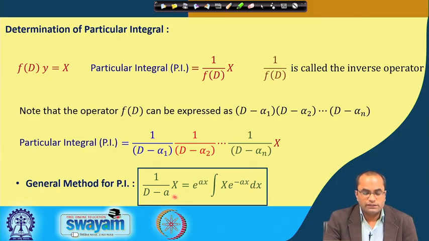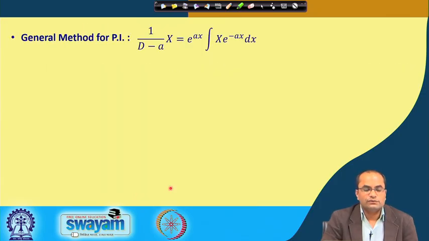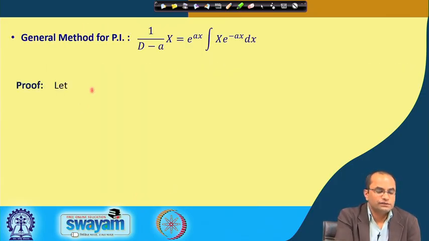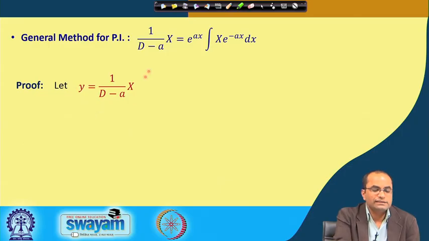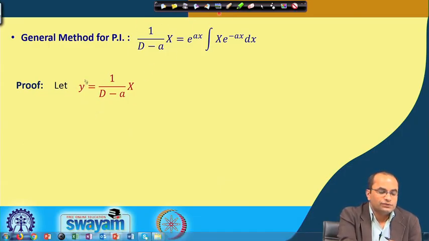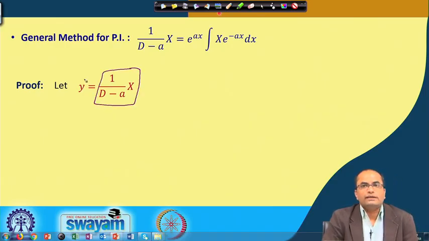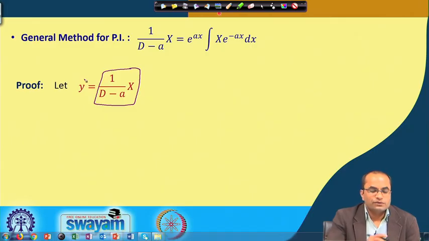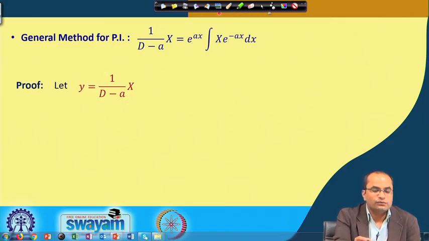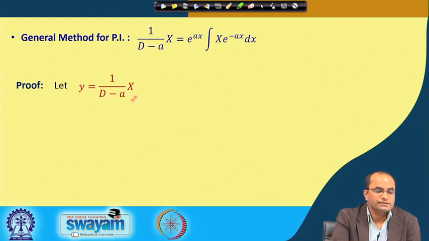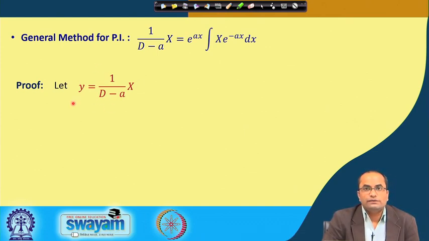To see how we get this result in terms of the integral, let y equal 1 over (D minus a) X. We have assumed this, and we will find out what y actually is. To find y, we multiply this equation by the operator (D minus a), so that we get back to a differential equation which we already know how to solve.